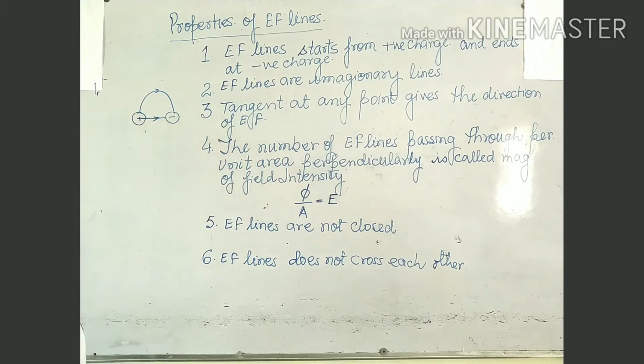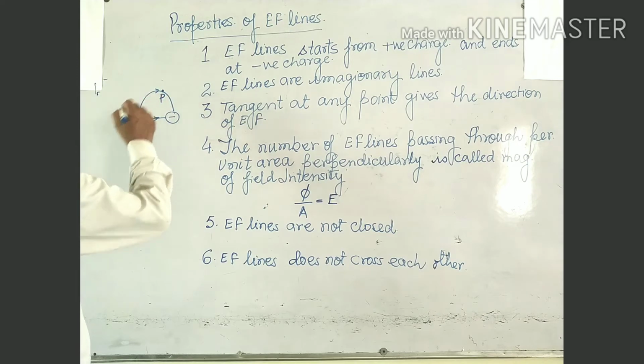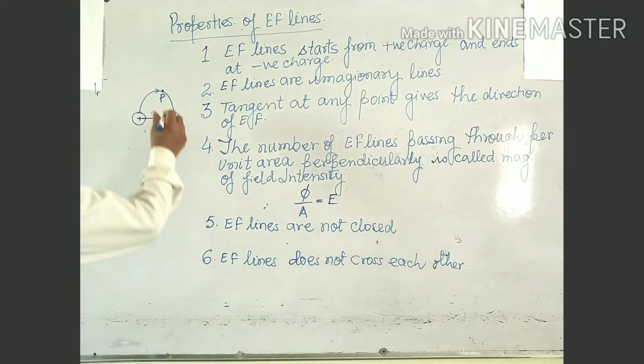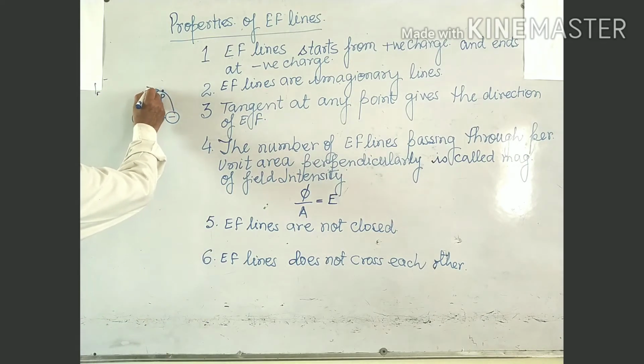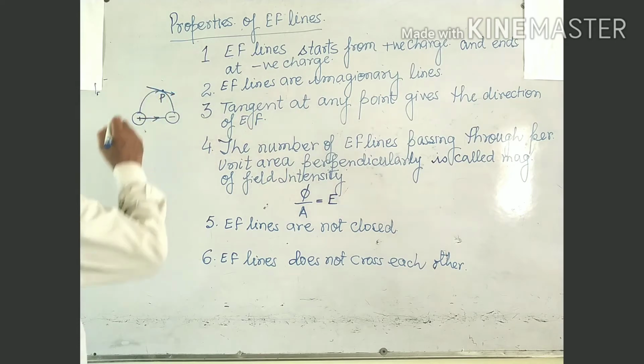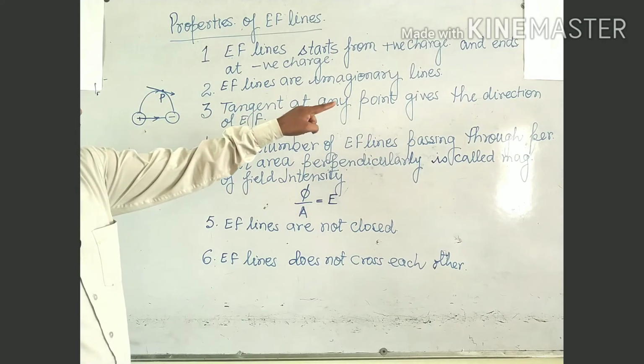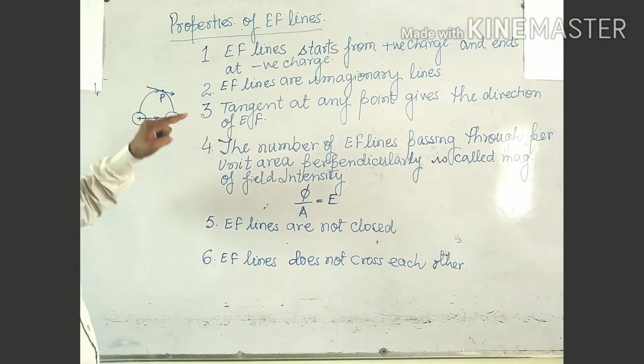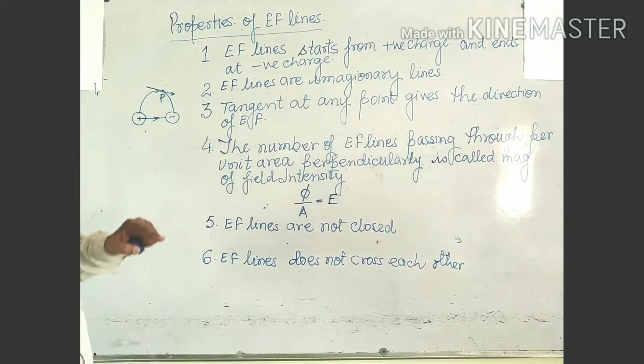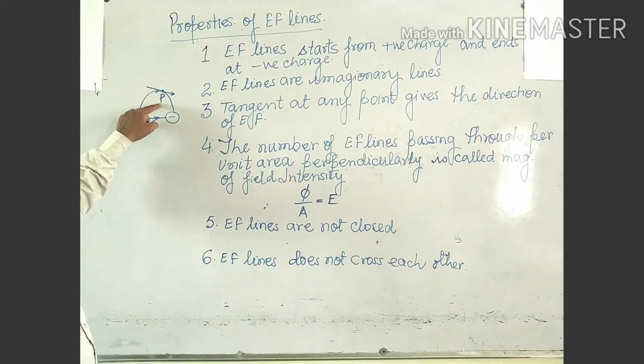If you want to find the direction of the electric field, put a test charge at the point P, then draw the tangent first. This tangent gives the direction of the test charge. So the tangent at any point gives the direction of the electric field. That is, this is the direction of the electric field at the point P.